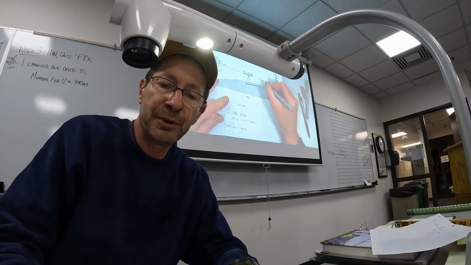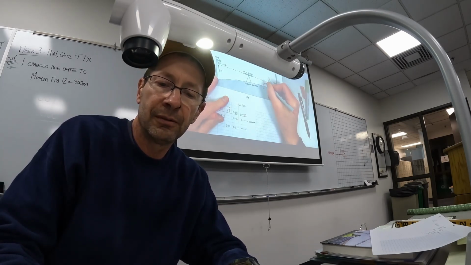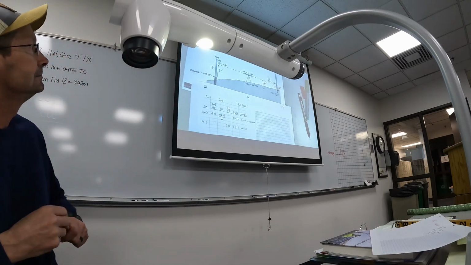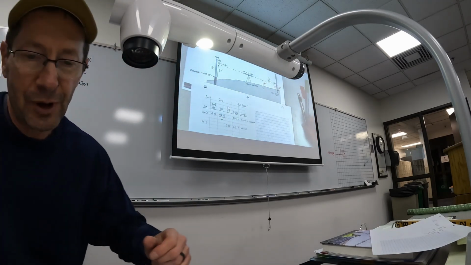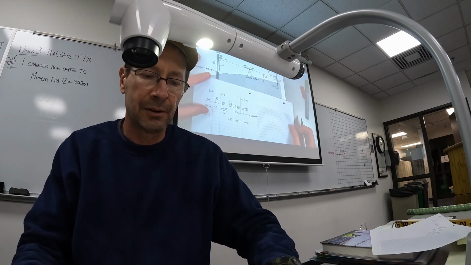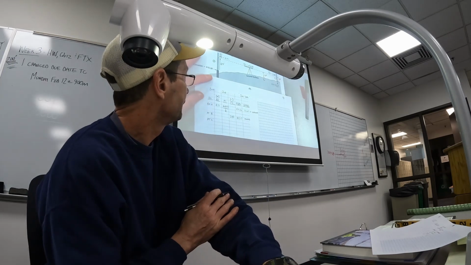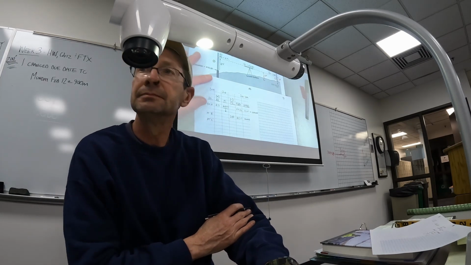Let's say this was 3.12 is what we read. So how would we record that? Well, we'll start a new line down here. We've got point C.